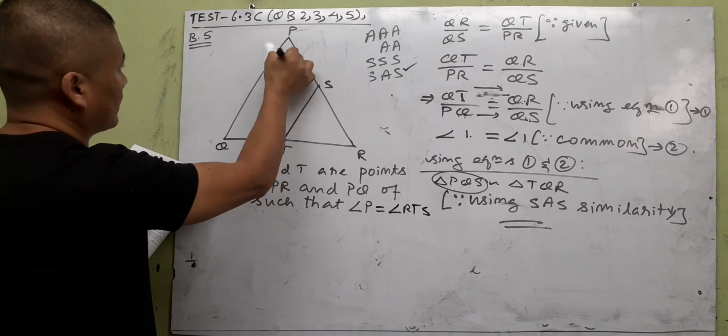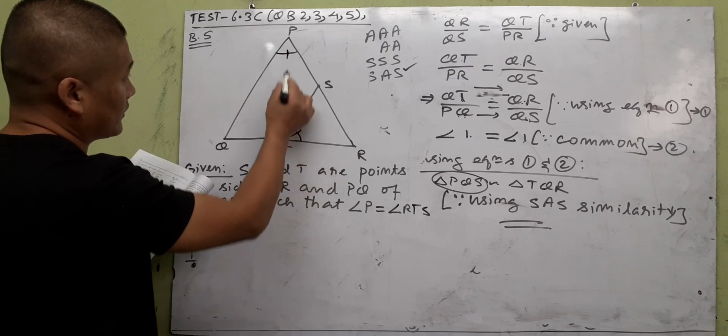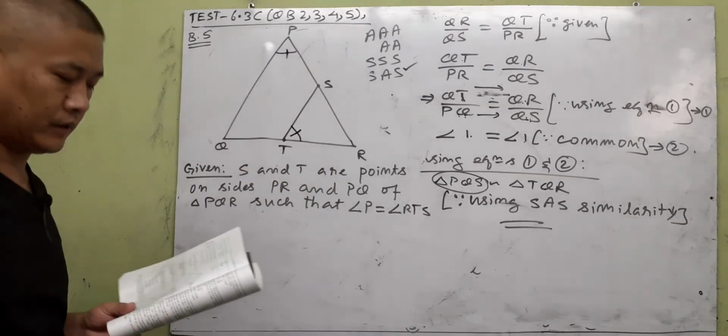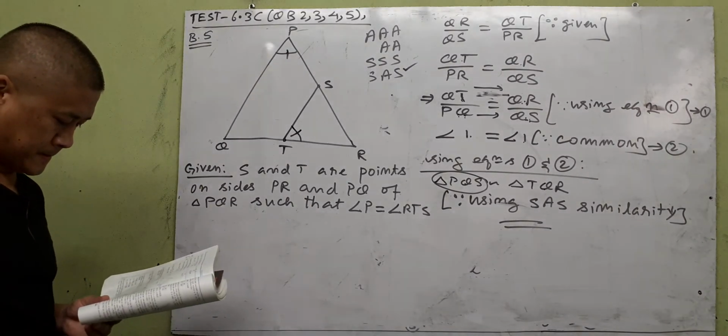Angle P here equal to RTS. So RTS means this angle; they are equal. So I've denoted single dash as equal. We don't need to, but it makes it easy to observe. That's why I'm writing it.